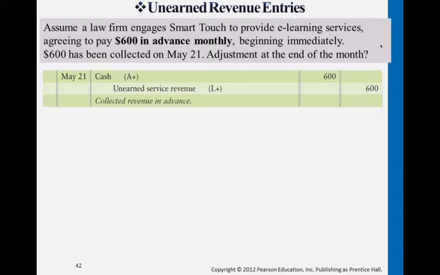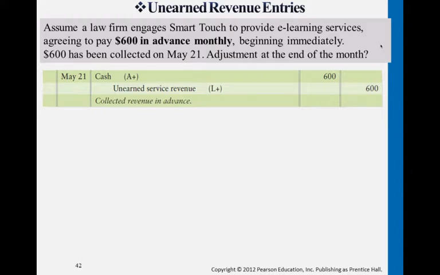If it's 10 days later, would it be $600 that we provided in terms of the value of the service? No, because 600 is for a month's worth of service. If it's May 31st, it's only 10 days later, so we have 20 more days to go.